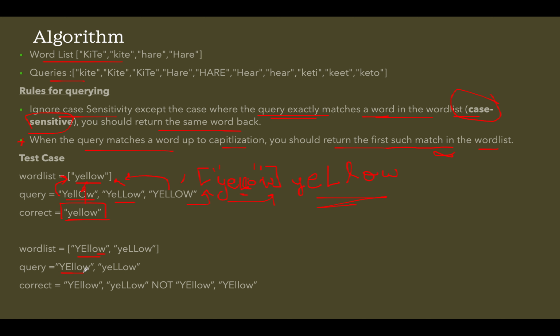And if I get the same word, then you have to return it back. And next we have small y, small e in the word list, capital L twice, small o and small w. And if I get a query with the same word, then I have to return that same word rather than the first matching word, which is this. So the answer would be this, not the first yellow.